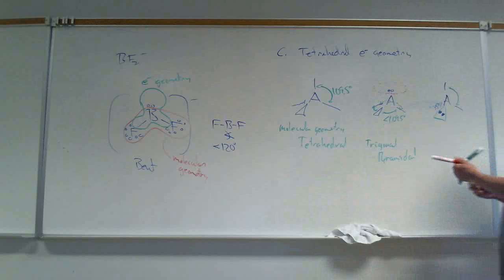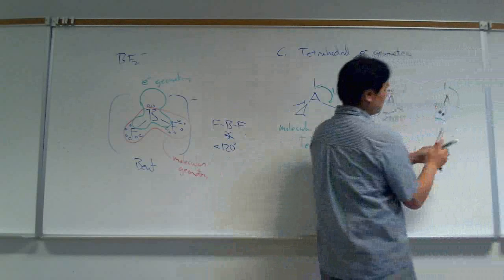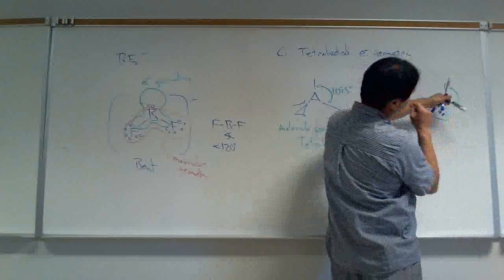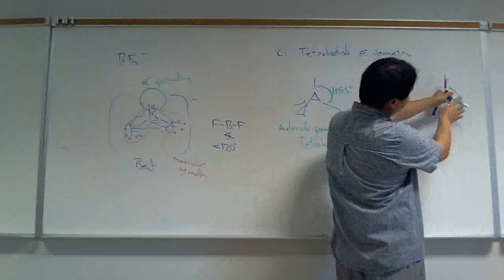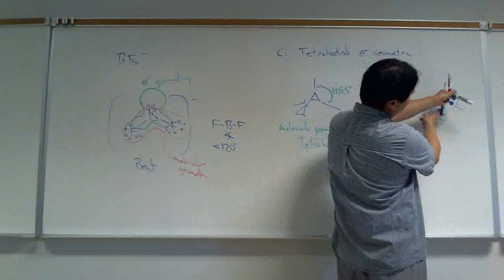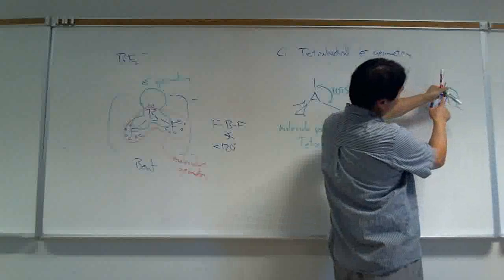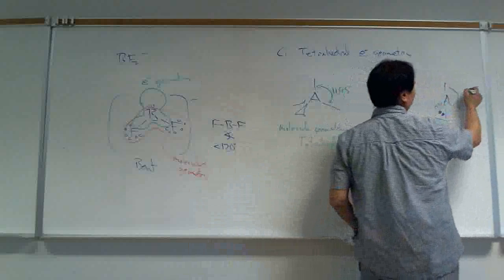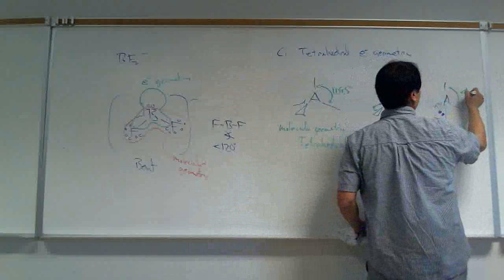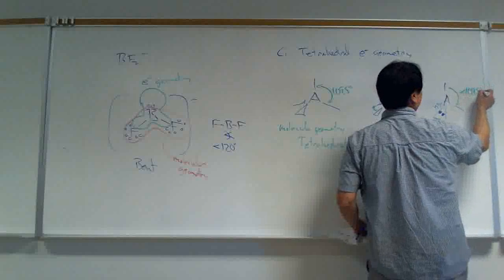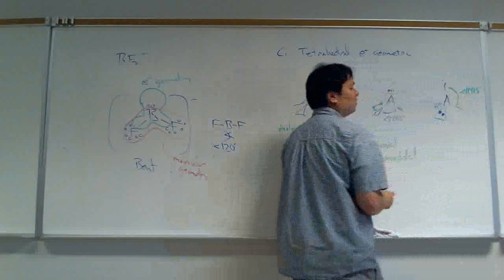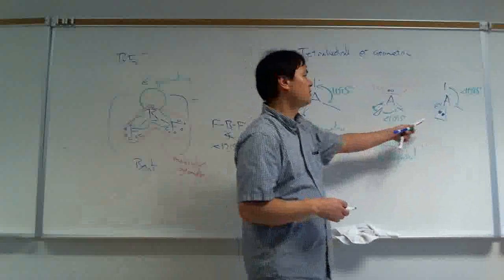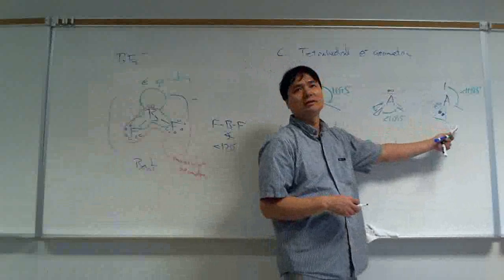I have my tetrahedral arrangement, and here's the lone pair sticking out and here's the lone pair sticking in, and the bonds are here. The angle is going to be less than 109.5 degrees, about 105 degrees. With one lone pair it's about 107 degrees, and with two it's about 105 degrees.